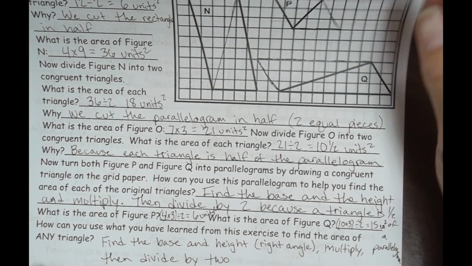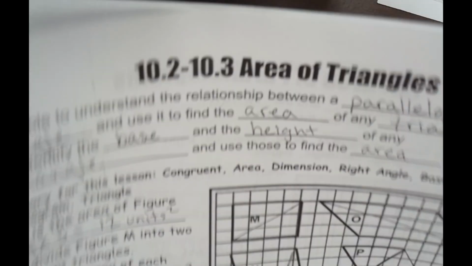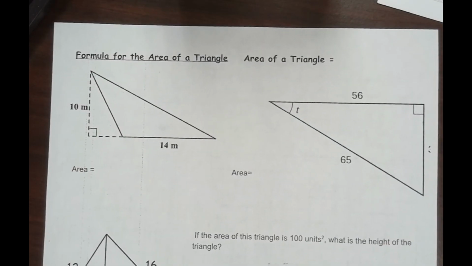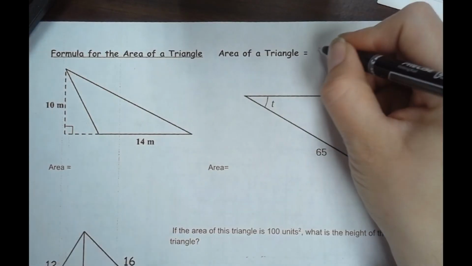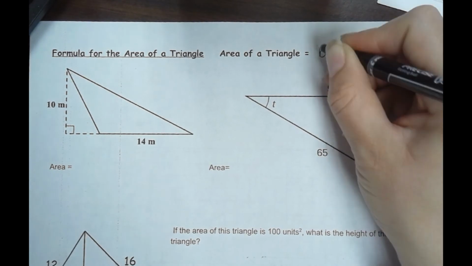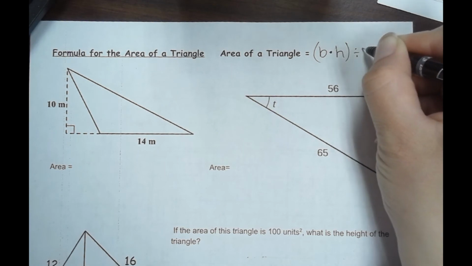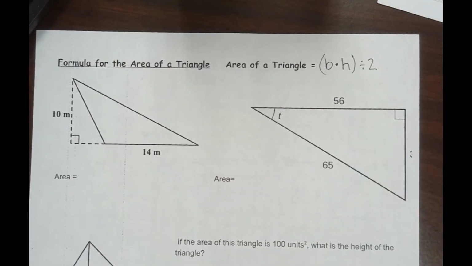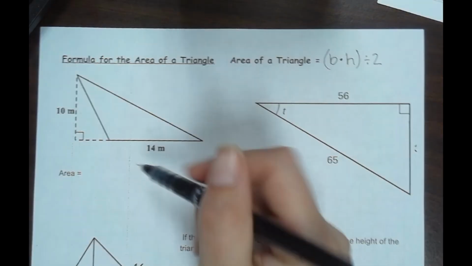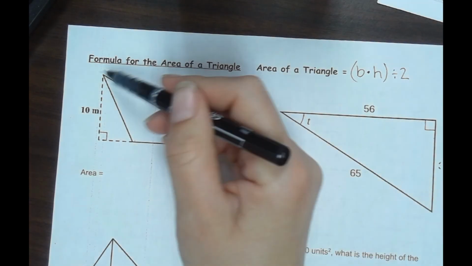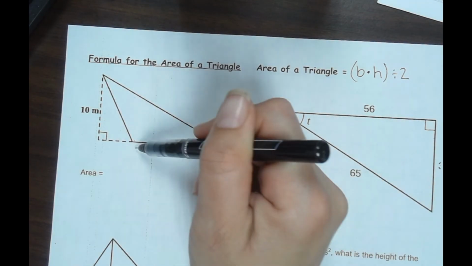Alright, let's use that on these problems. So, formula of the triangle: area of the triangle is base times height, then half of that. Looking at this, it's 14 meters, and it makes a right angle. Notice how it's over here on the side?